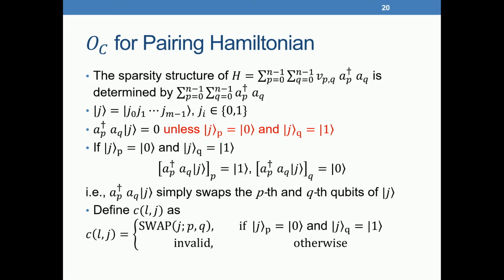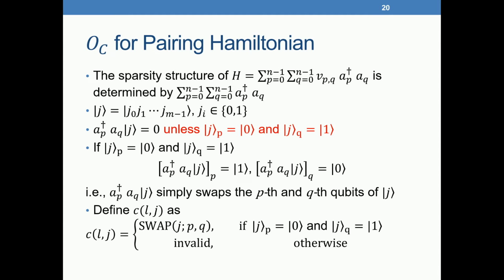Now we consider these J's invalid if this is true. If J is valid, which means the pth bit is 0 and the qth bit is 1, then when you apply the creation annihilation operator, you basically swap these qubits. So 0 becomes 1, 1 becomes 0.